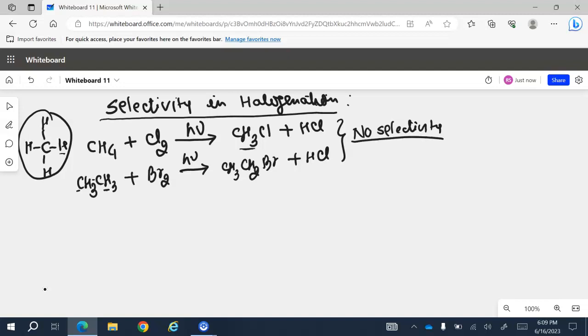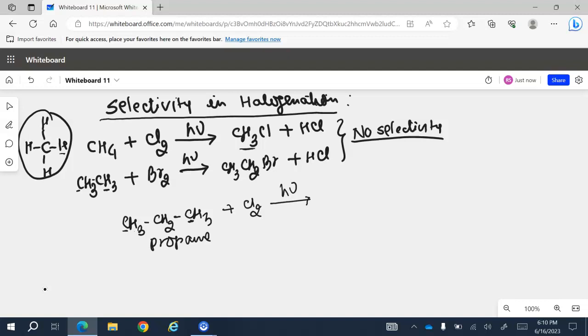However, if you take the example of other molecules, say CH3CH2CH3, this is propane, and we do either chlorination or bromination, for example chlorination in presence of sunlight. Now here the six hydrogens on these two terminal carbons, these three hydrogens and these three hydrogens, six hydrogens, are equivalent.